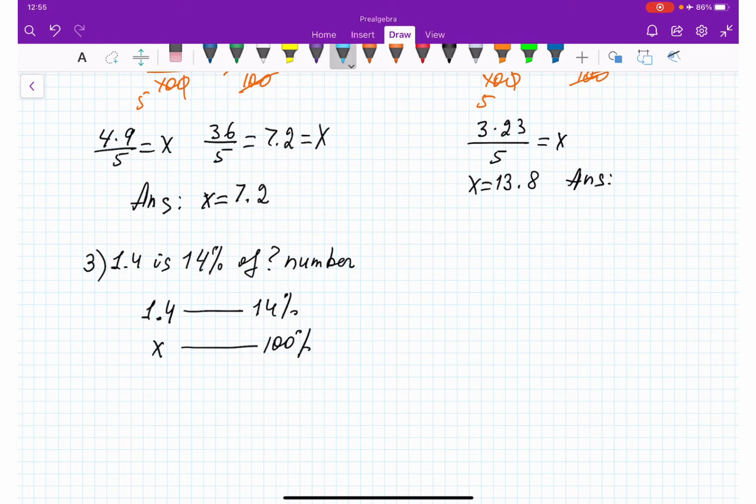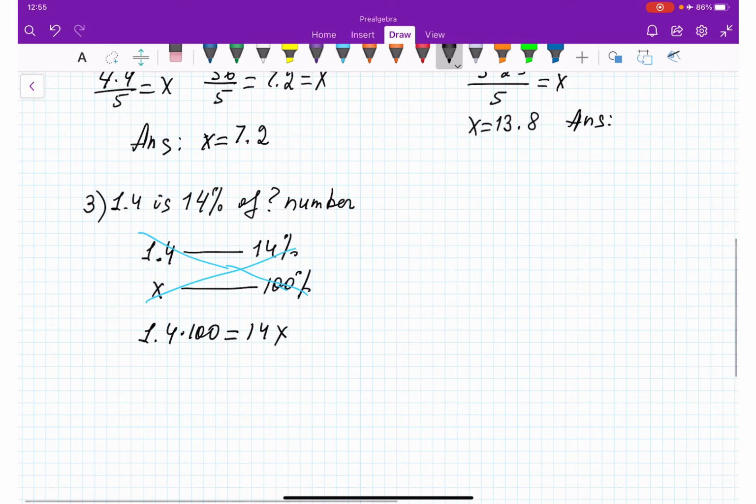Okay, cross multiplication again. We are getting 1.4 times 100 equal 14x. Okay. Dividing here by 14, right? Because we have 14x, we need to get rid of 14. Dividing by 14. So what do we have here?